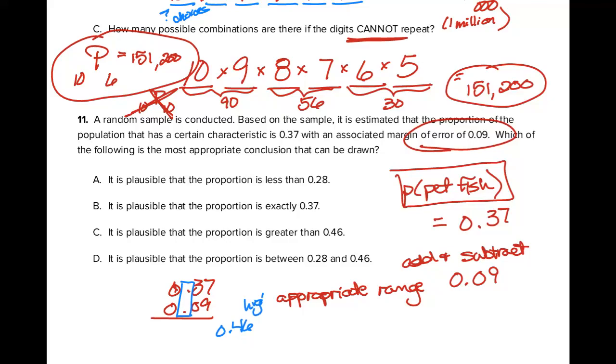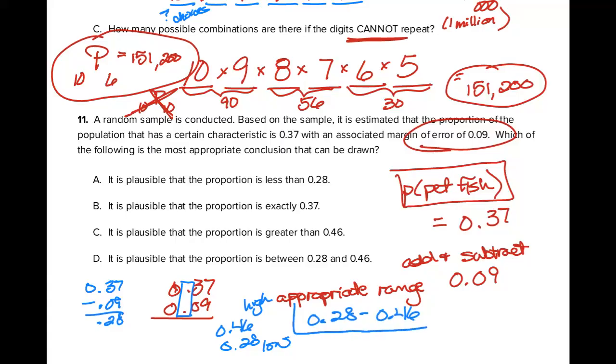That's on the high side. And then if you subtract 0.09 from 0.37, you're going to get 0.28. That is on the low side. So that means my range goes from 0.28 to 0.46. Now that's an appropriate amount.